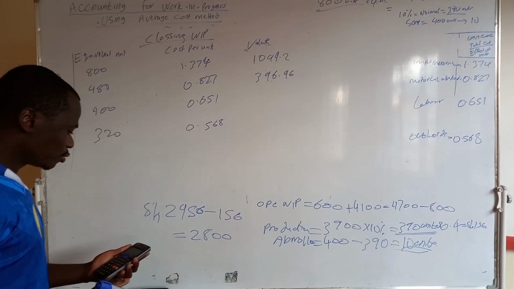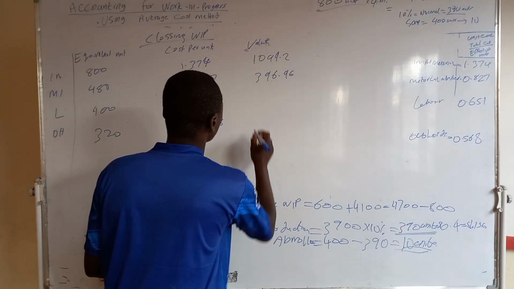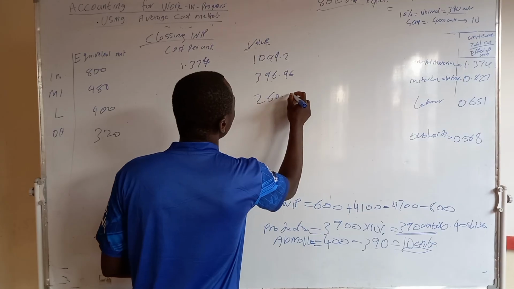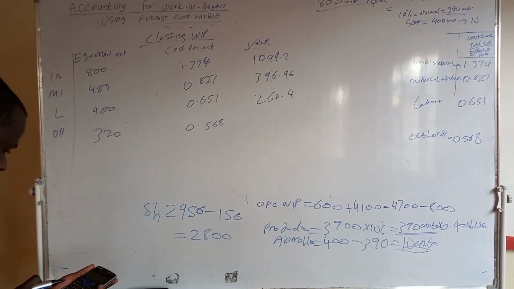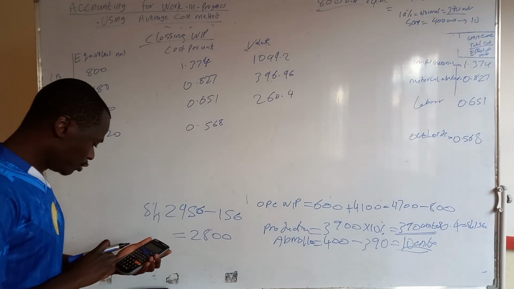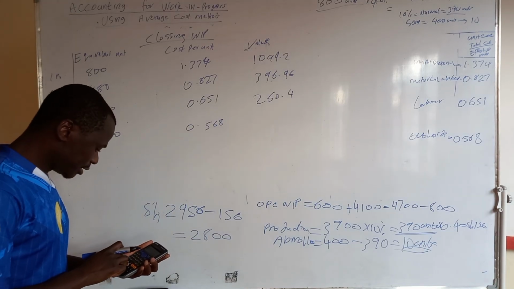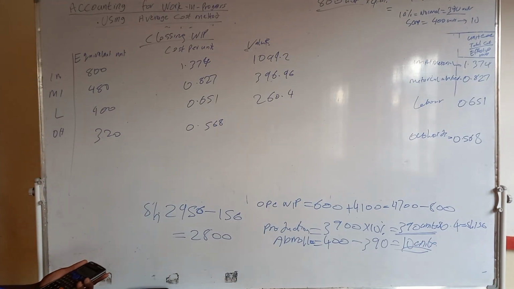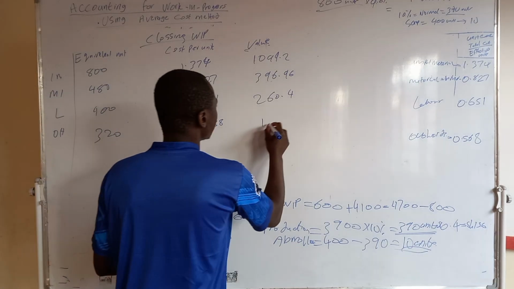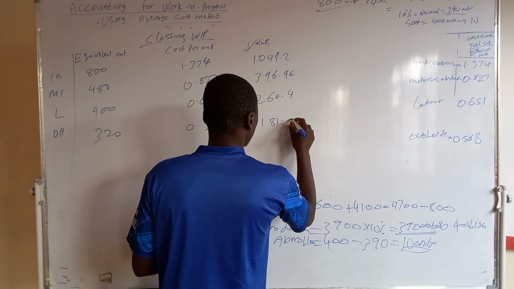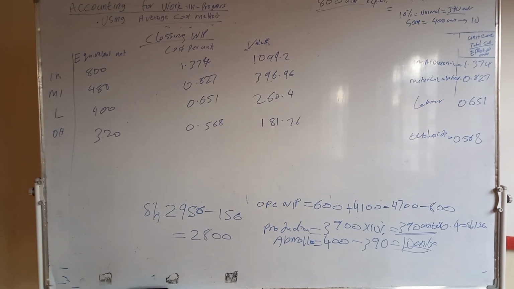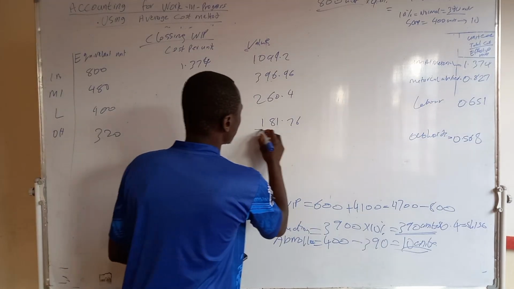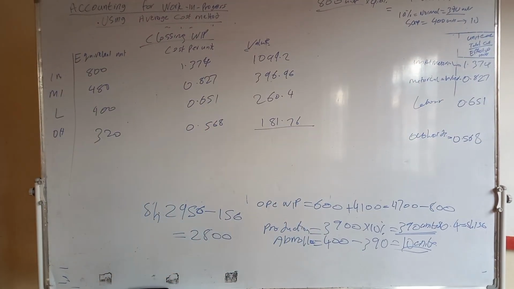We have 260.4. Then we have 320 times 0.568, that will be 181.76.